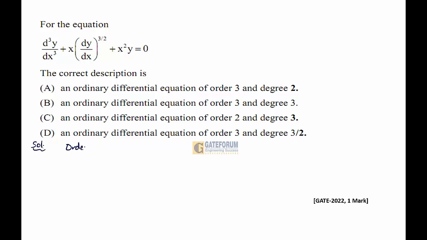Order is equal to the order of the highest order derivative. In the differential equation, this is a third order derivative, this is a first order derivative. So order is equal to 3.